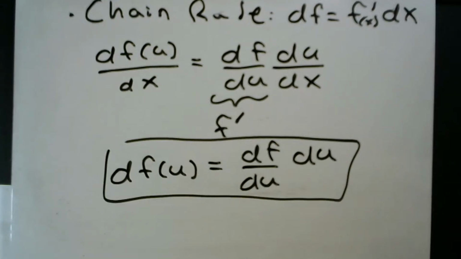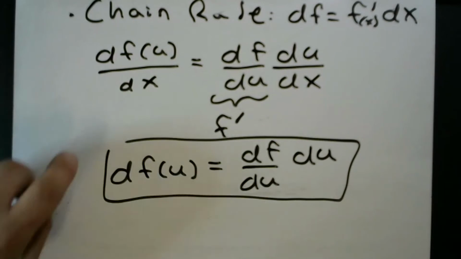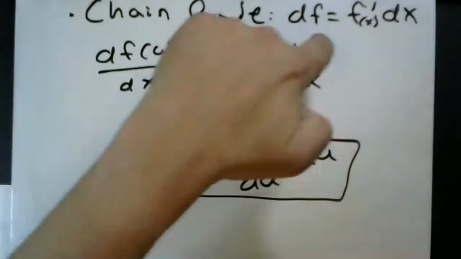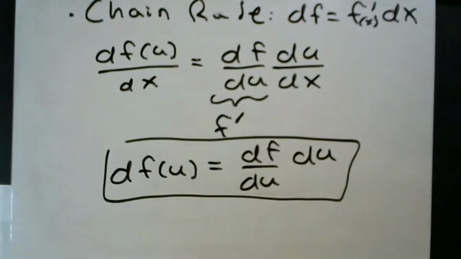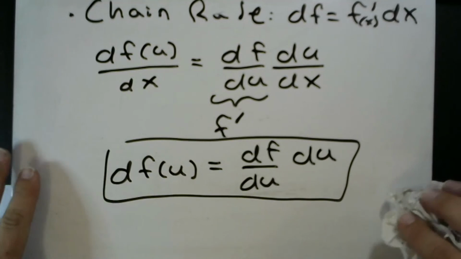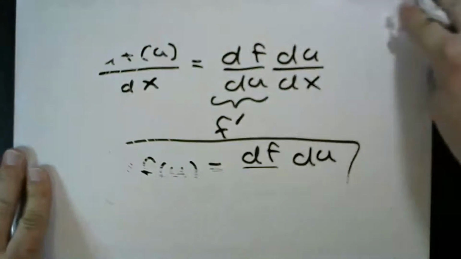And again, a trick that helps you remember is that you can treat this like you're multiplying both sides by dx, where the dx's cancel, and then you're left with that. So let's do an example. Let's say we have this.